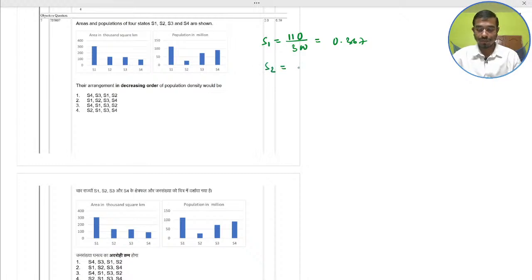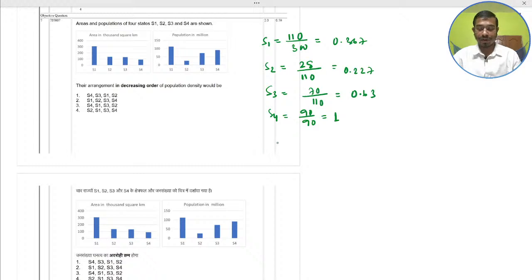Now S2 is given 25 by 110, that would be 0.227. Next, S3, 70 divided by 110, that would be 0.63. Last, S4, 90 by 90, that would be 1.